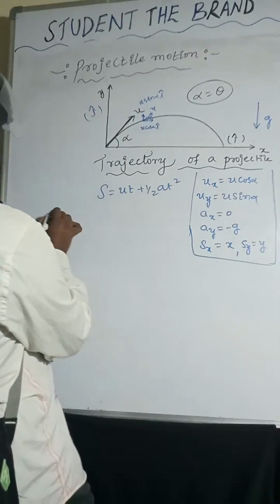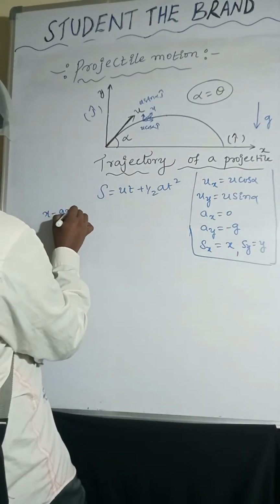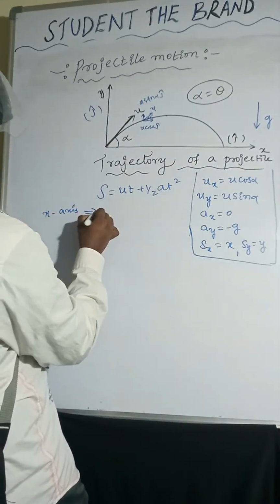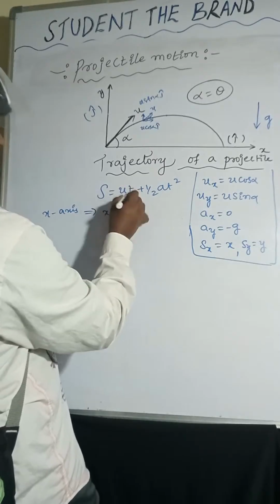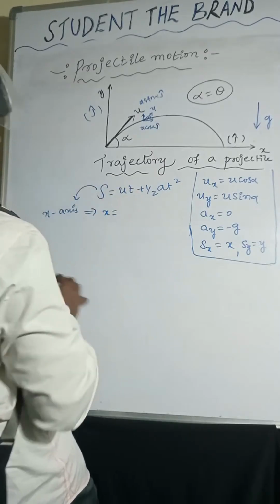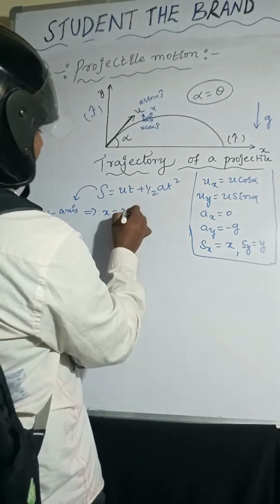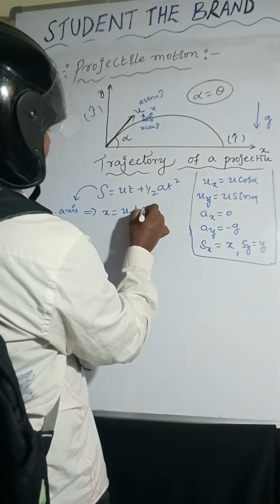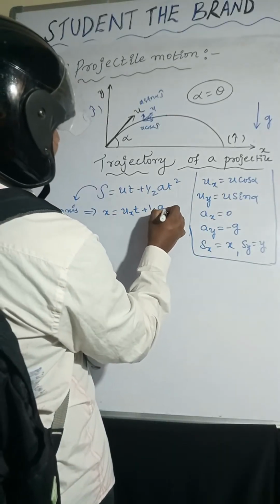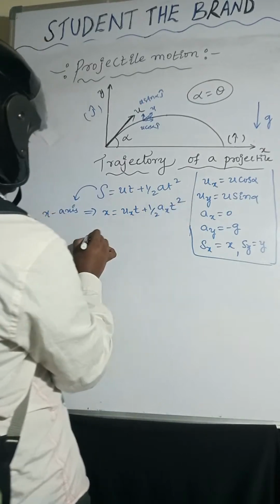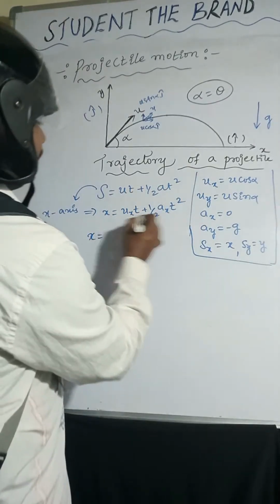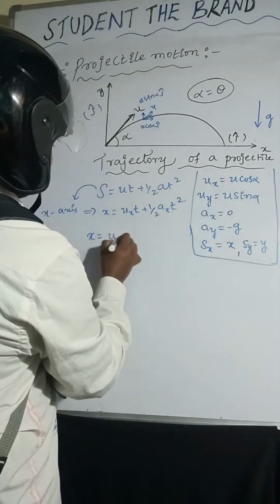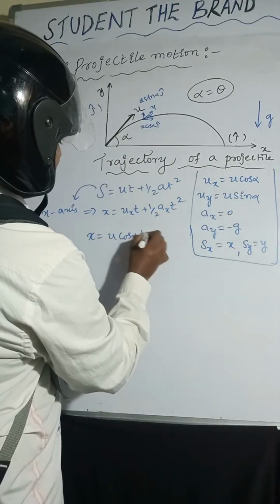Now along x-axis, x equal to ux into t plus half into ax into t square. ux is nothing but u cos alpha, into t.